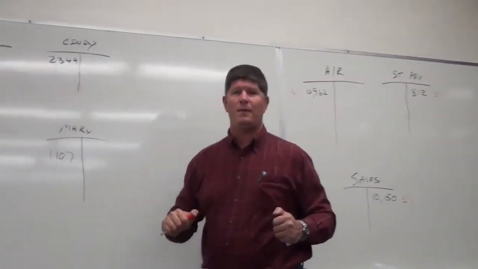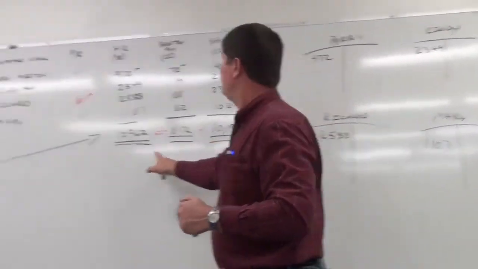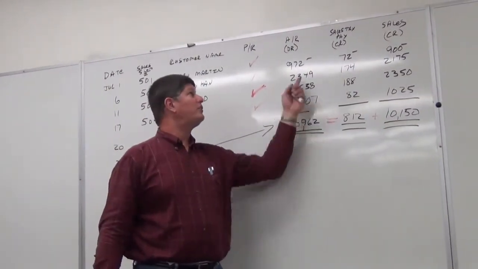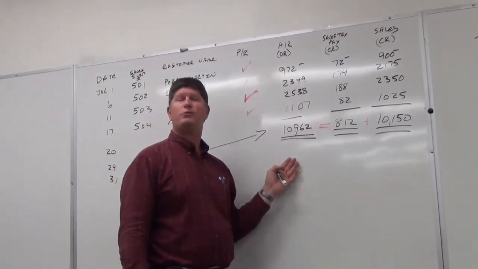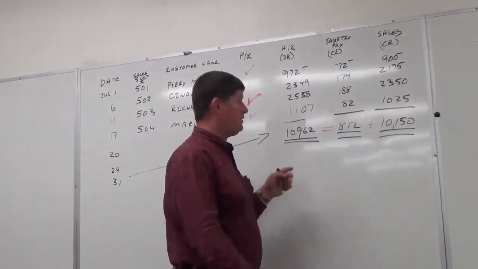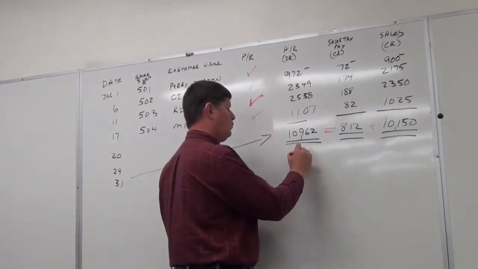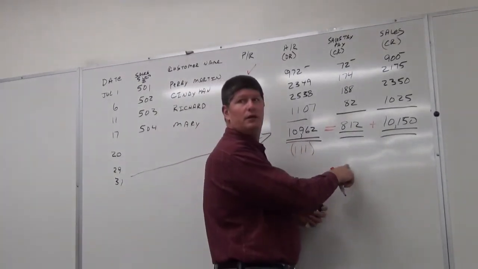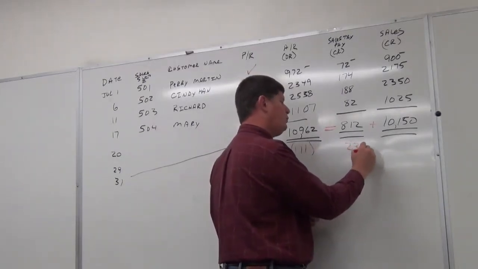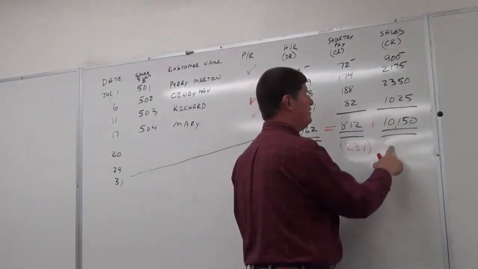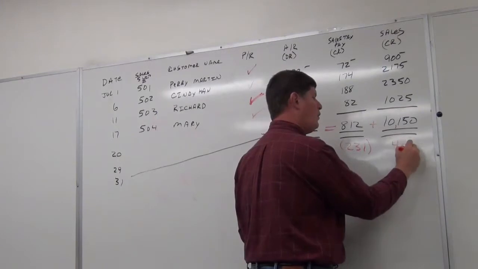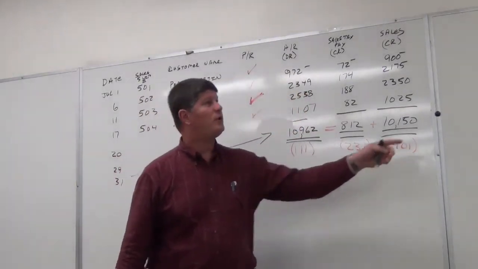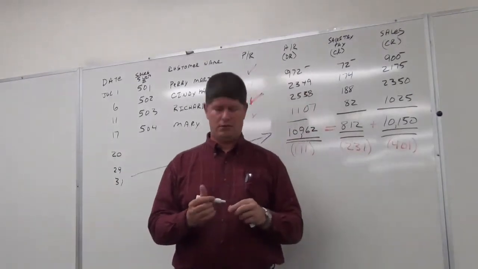Good. What's our posting reference over here? Right underneath your total, so the accounts receivable general ledger account number is 111. Sales tax payable 231. Sales 401. And this is your post reference, I posted these to the general ledger.